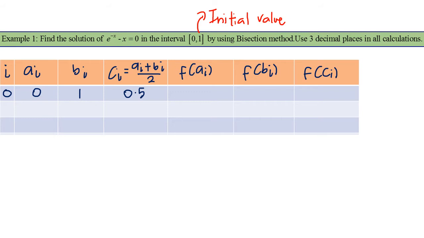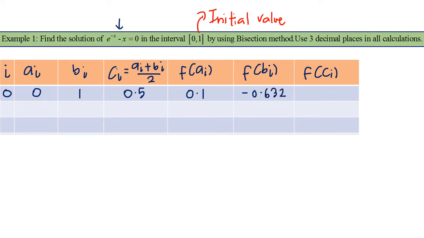And then what is f(a)? You substitute 0 into the f(x). This is the f(x). You will get 1. And then f(b), you substitute 1 into exponential negative x minus x, you will get negative 0.632.